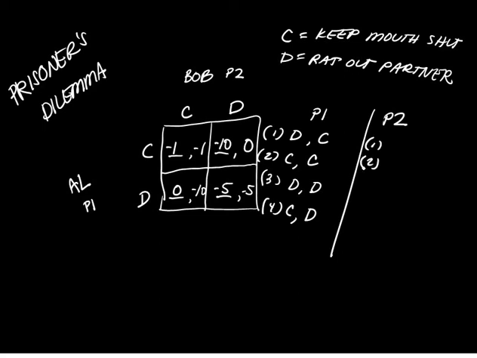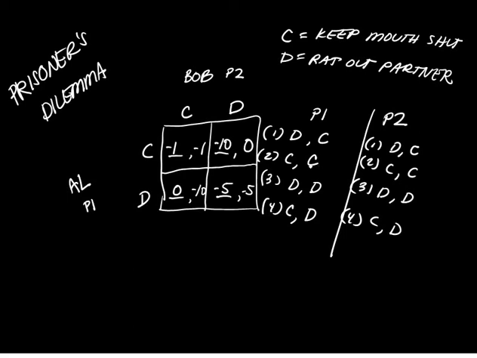Similarly, Bob has the same rank order preferences. And what I'm doing right now is just listing the best case scenario for both parties. All right. If you notice that no matter what the other side does, a player does better to defect.